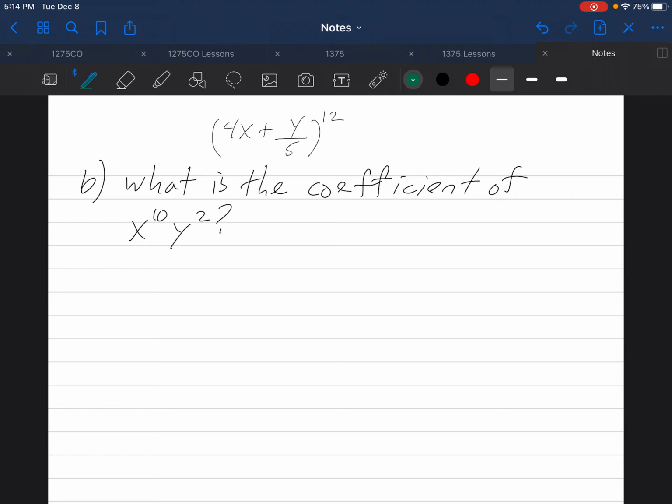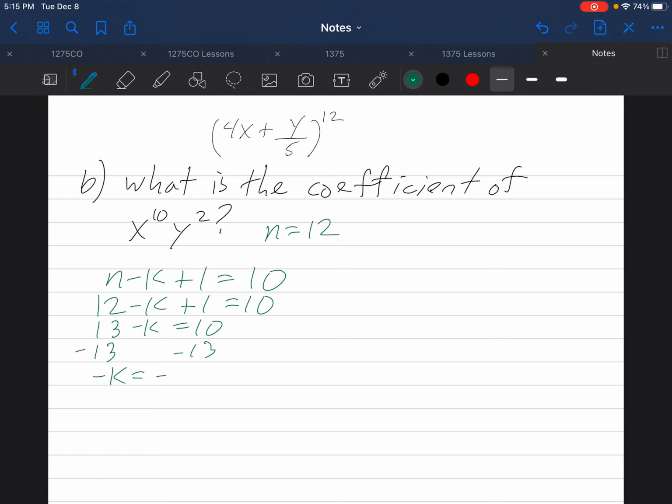Right, remember, here they're not asking us for a numbered value. They're telling us the variables in here with those exponents, so we need to come up with it. Remember, n is equal to 12 based on that exponent. That means n minus k plus 1 has to equal this value of 10, which makes 12 minus k plus 1 equal to 10, and 13 minus k equal to 10.